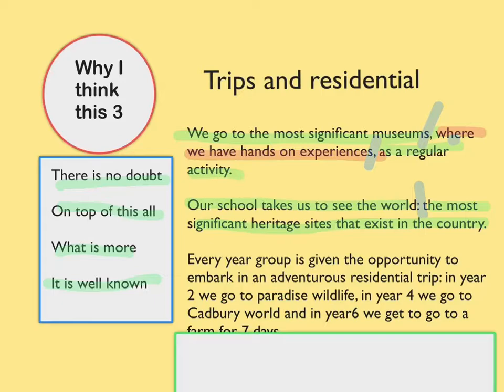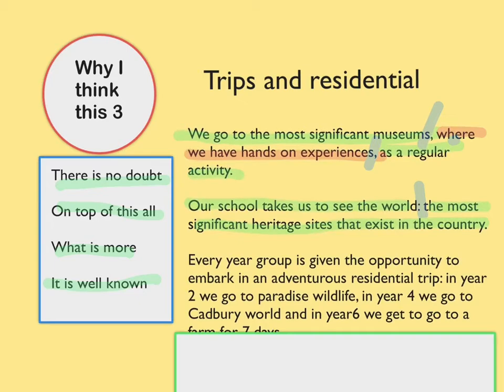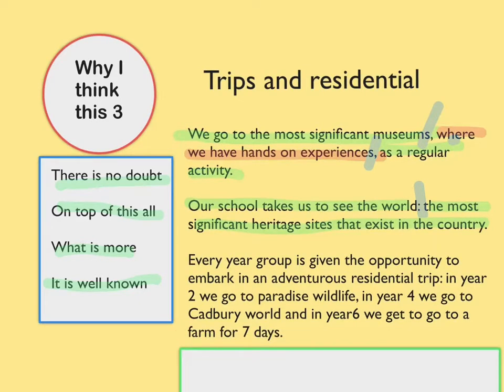Finally, this is a nice one. Sorry about that. Oops. So this is a nice one. Every year group is given the opportunity to embark in an adventurous residential trip. In year 2 we go to Paradise Wildlife, in year 4 we go to Cadbury World, and in year 6 we get to go to a farm for 7 days.